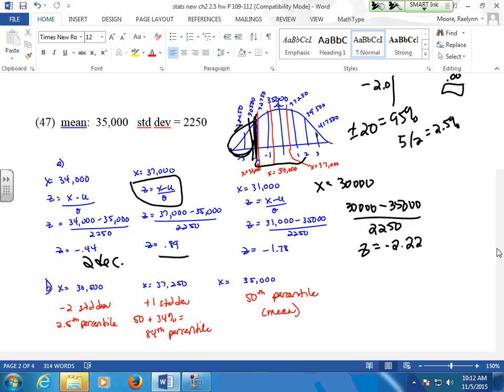So find me what that is. Anybody find it? Negative 2. Follow all the way across to the right-hand side at the 0, 0. And what's that little area? 2, 2, 8. So it's about 2.28 percentile.